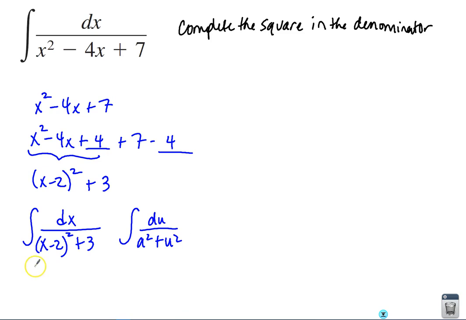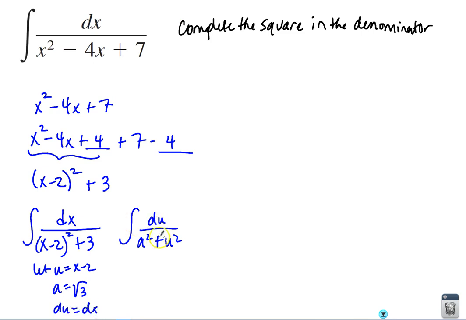So I'm going to say that let u equal x minus 2. And then a is always a constant of some sort. If you haven't picked up on that so far, u is either x or an expression of x, and then a is always just a constant. So a is root 3, and then du is dx, okay?